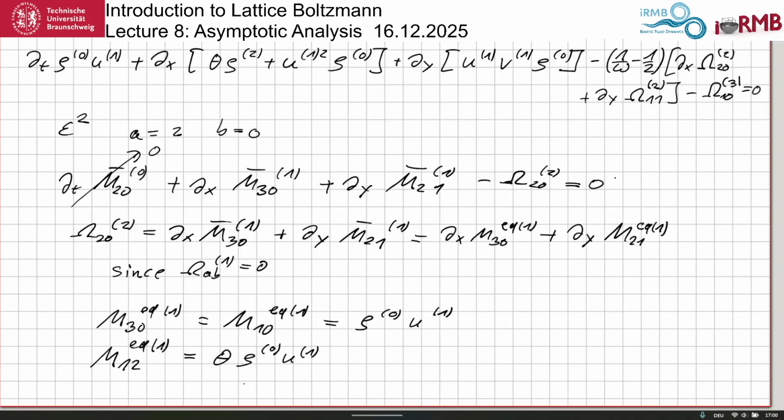Only this first part will show up to first order, and we are looking at first order. Also, we have, of course, M21. This is something that we also need to first order: theta rho 0 v1, and all of these things we put into 8.8. So this equation up there.